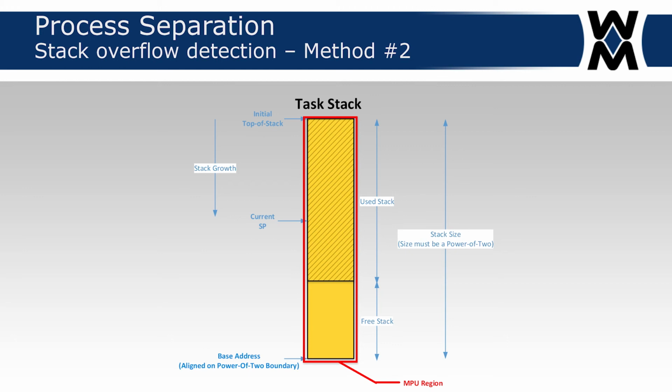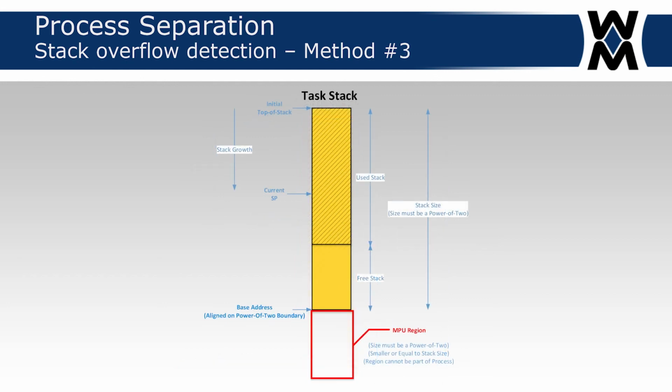And the alignment of the base address of the stack has to align to the boundary of that size. So if it's a stack size of 1K, it has to line up on a 1K boundary in the address space. So a little bit annoying, but I still prefer that over other methods.